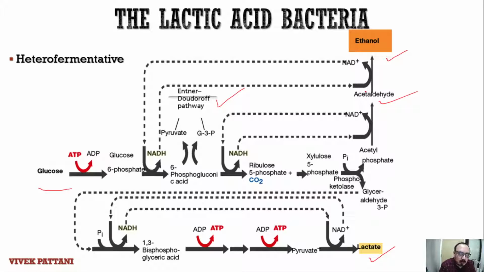And some of the heterofermentative bacteria also convert acetyl phosphate either partially or completely to acetate, transferring the energy rich phosphate bond to the ADP, and thus gaining utilizable energy as ATP.